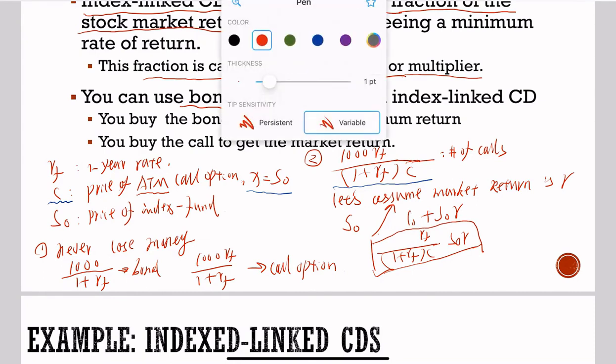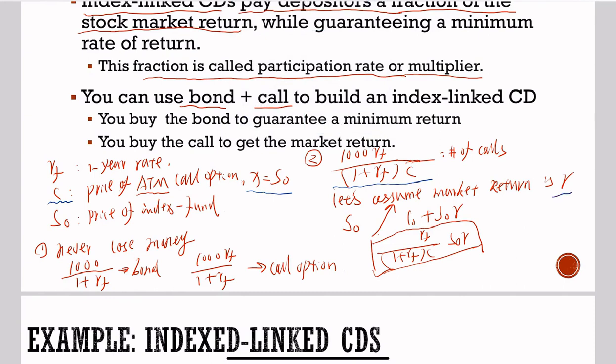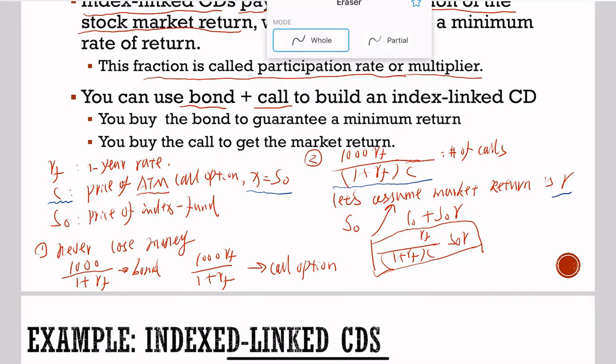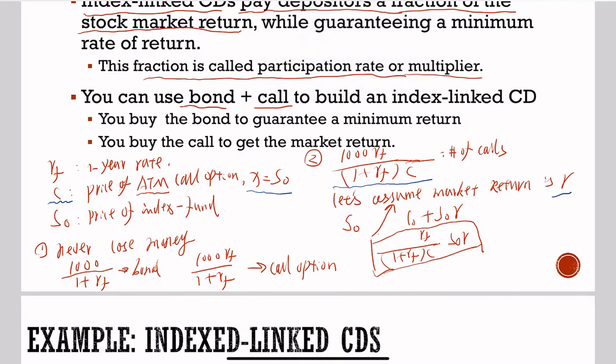The market return here is given by R. So the multiplier is given by this guy divided by R. Again, you can see that you could cancel out the two R's. So the multiplier is given by this guy.